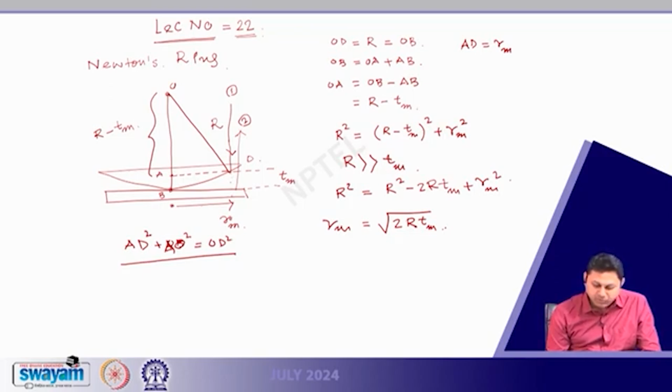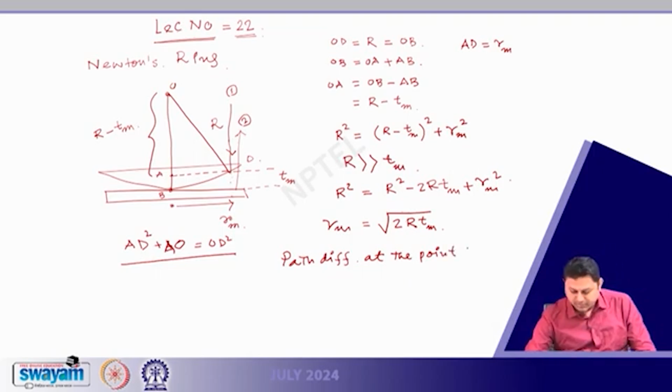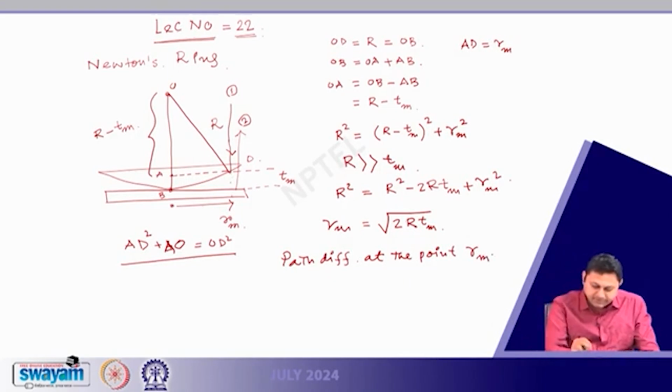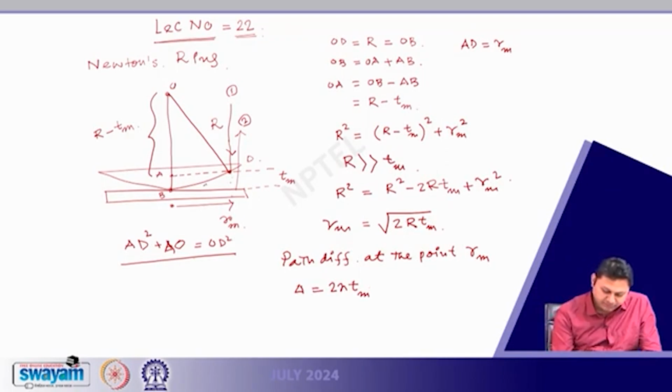So if I want to find what the path difference is at the point Tm, then for normal incidence, and in this case all are normal incidence, the path difference at the point Rm, that is this point according to our figure, is delta equal to 2 n Tm, where n is the refractive index of this region.